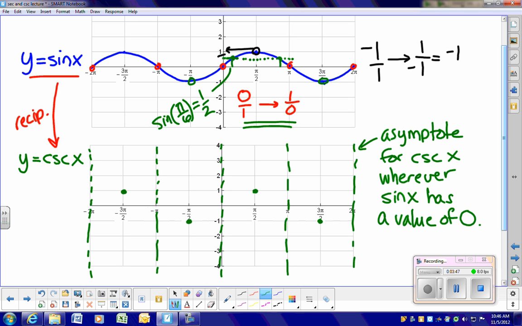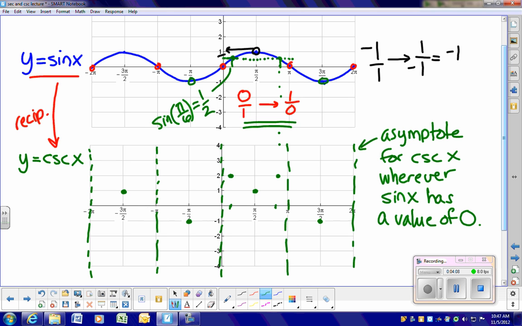And what's the reciprocal of 1/2? 2. That's right, 2 over 1. So at this same location, the value of cosecant would be 2. And at this same location is right here. So I'm just going right down the graph, okay? At this same location, on the other graph, we'd have a value of 2.